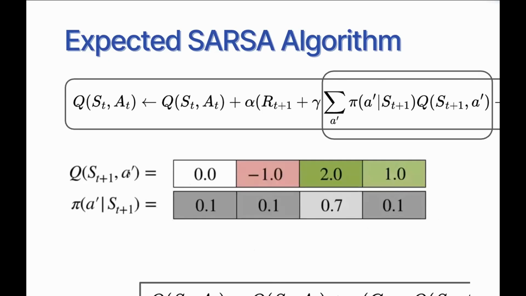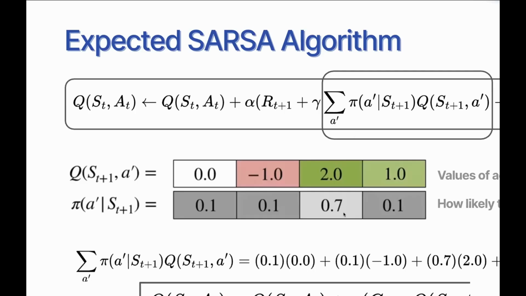Okay, let's say these numbers are the Q values. There'll be 4 actions at this particular state. This quantity here is computed by weighting these values by how likely they are under the policy. Does that make sense? 0.1 times 0, 0.1 times -1, 0.7 times 2, etc. So it's 1.4.